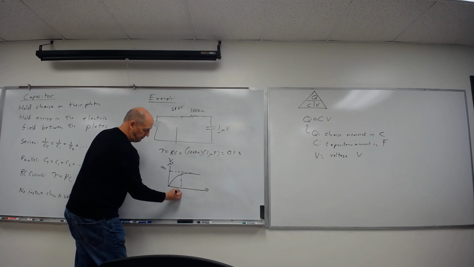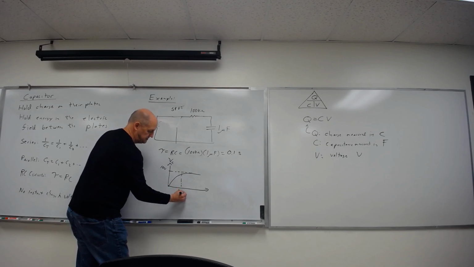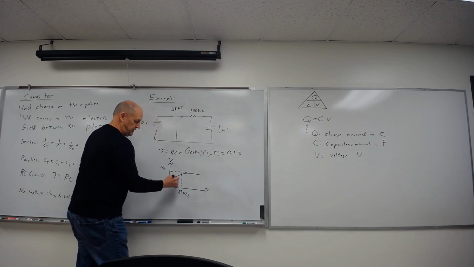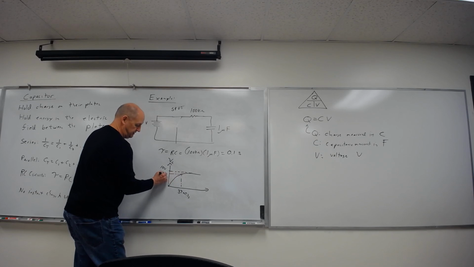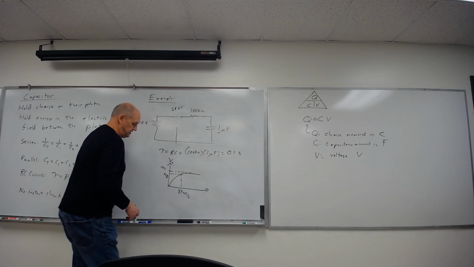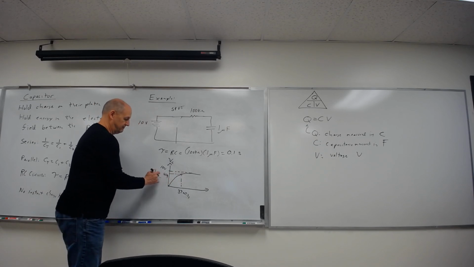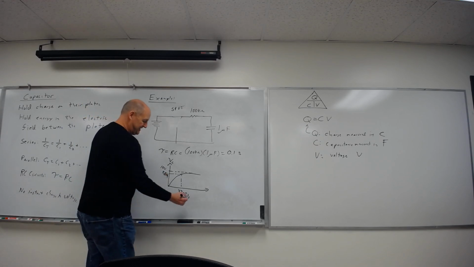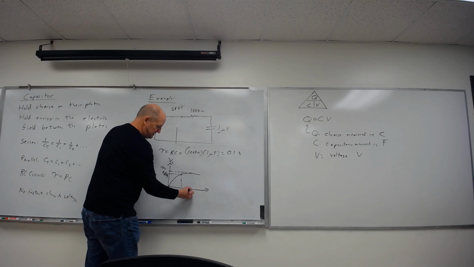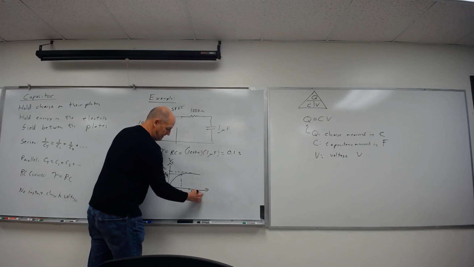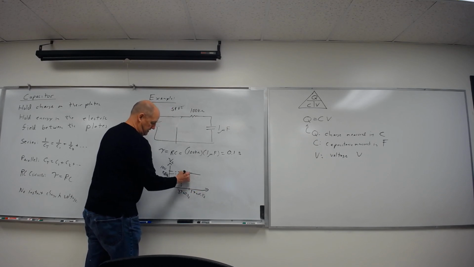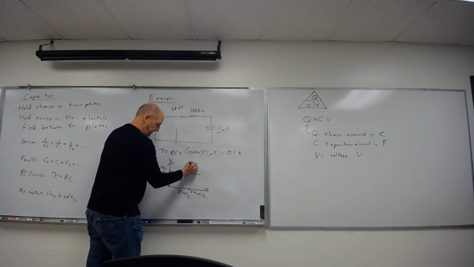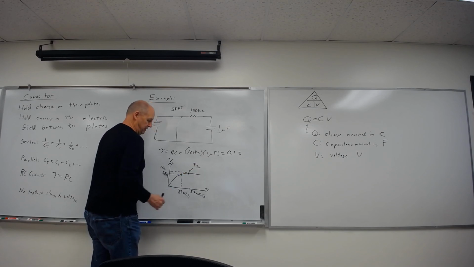At 3 time constants, so 0.3 seconds here, it will be at 95%. So, okay, I guess I can manage that, 9.5 volts. At 5 time constants, it is going to be at 99.3, but let's call it 99. So it'll be 9.9 volts, 99%.